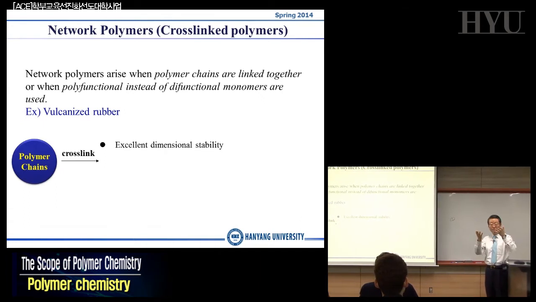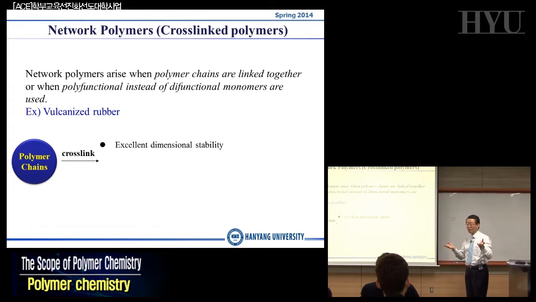Once heated up, your chain may move. Melting point is where it changes your phase from the solid phase to the liquid phase. The crystal melts. So if you heat up your material, the polymer chain will move very extensively.